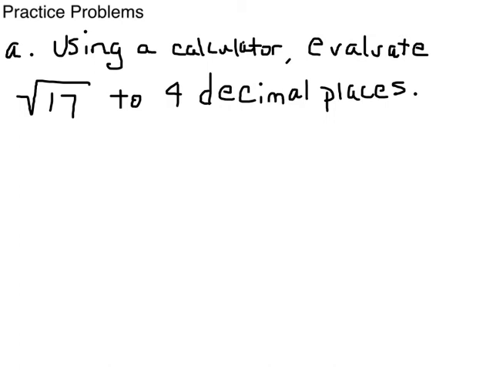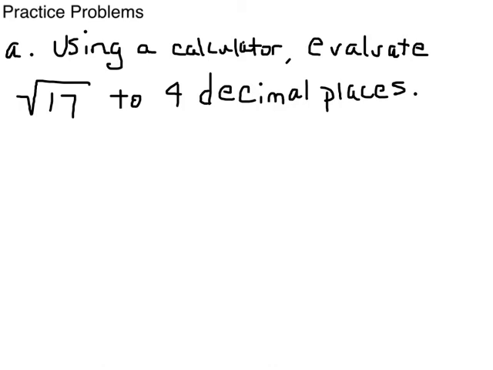Alright, so practice problem A says, using a calculator, evaluate the square root of 17, and we know that's not one of the perfect squares, so it's going to be a decimal number. So evaluate the square root of 17 to 4 decimal places.